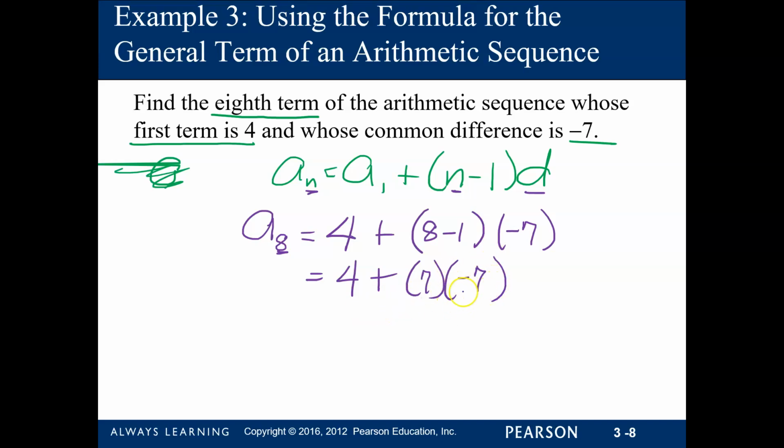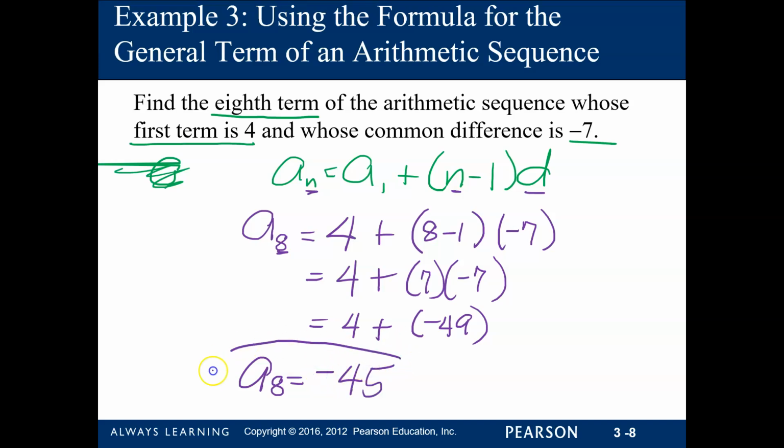Now remember, by PEMDAS, we do the multiplication first. So this is going to be 4 plus 7 times -7, which is -49. Now, if you are adding a positive and a negative, technically you're subtracting. So from here, you know that the eighth term will be -45. So this is how we can find any term in an arithmetic sequence. The formula is this one that we will need to follow.